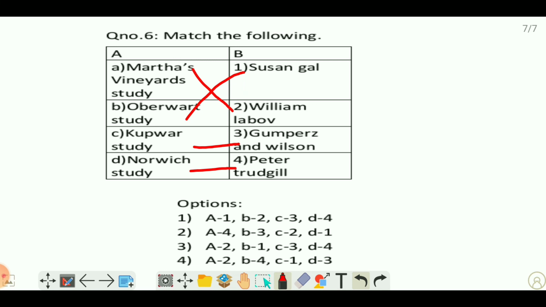For example, higher class speakers pronounce words like walking, talking, sleeping, while lower class speakers drop the g sound, pronouncing them like walkin', talkin', goin'. In the same way, men preferred non-standard varieties while women preferred standard varieties of the language at his place of investigation in Norwich. So option number 3 will follow.